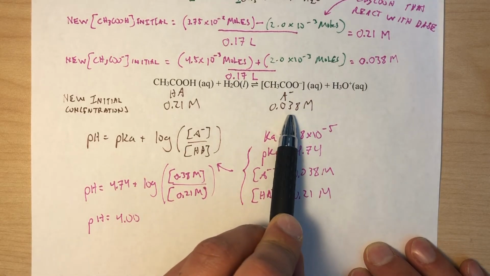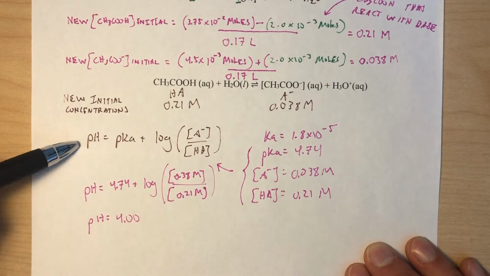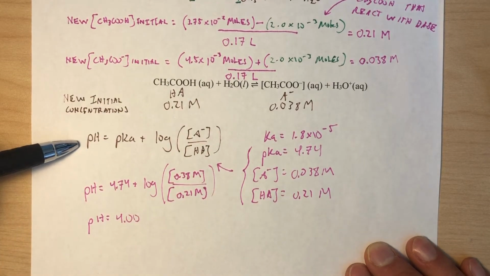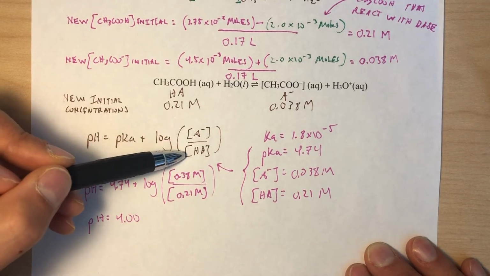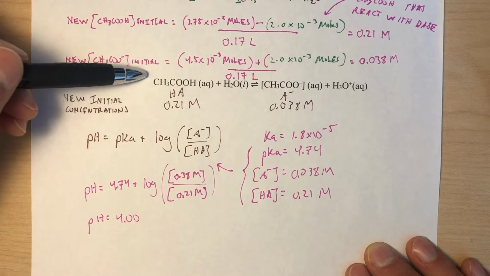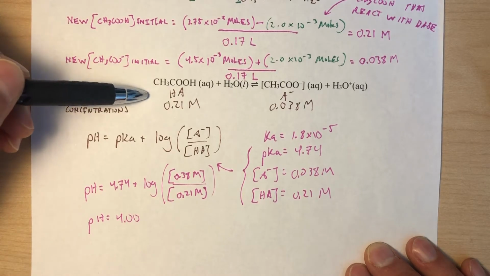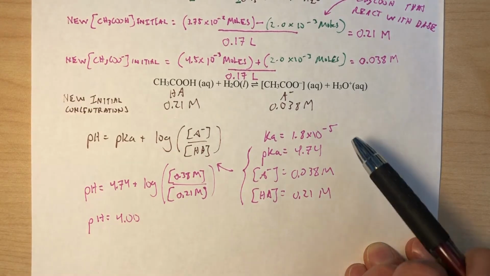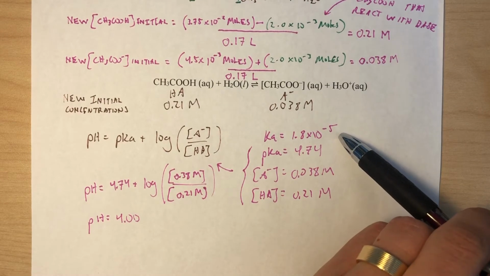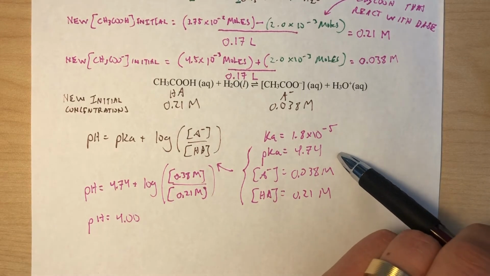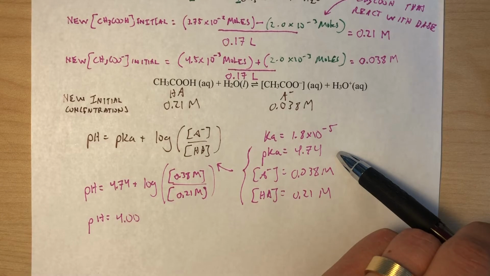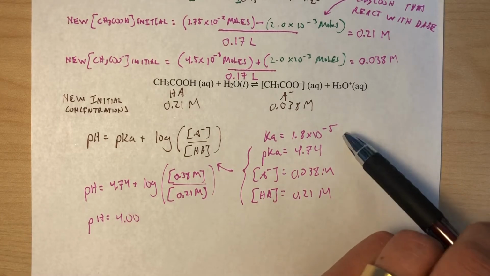Here I'm going to show this calculation using the Henderson-Hasselbalch equation because that's our new equation. pH is equal to pKa plus the log of A minus over HA, our conjugate base divided by our acid. Remember, we need to be very sure about how we assign our HAs and A minuses. The Ka for this reaction is given to us. It's 1.8 times 10 to the negative fifth. We can calculate pKa, which is 4.74, by taking the negative log of Ka.